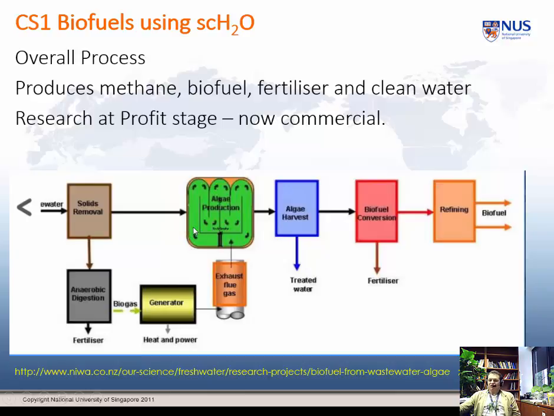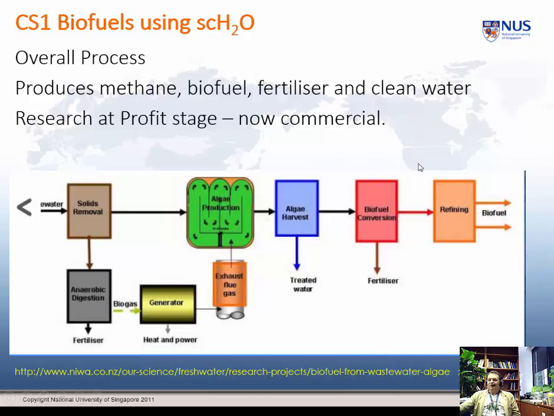It can be shallow ponds, and I'll show you some examples in a moment. The algae is then harvested, and the output from that is treated water, clean water. The algae that you've harvested is then used to make biofuel and fertilizer. The biofuel is refined and then used.